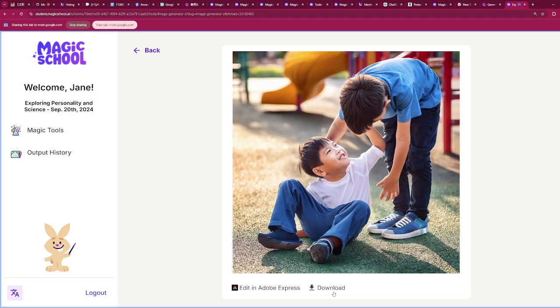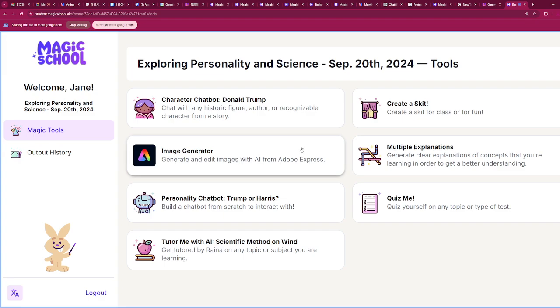And then you would be able to download it. So for this you could ask students to download it, and also I'll show you where you could see students' records of using these tools.